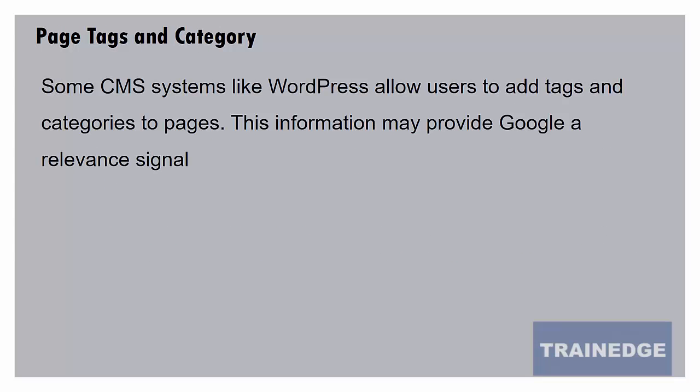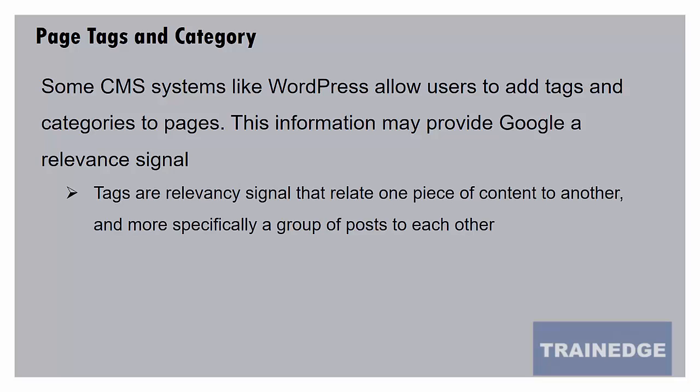Many content management systems like WordPress allow users to create tags and categories. Now, tags and categories are meta properties of the page. They are not displayed on the page, they are used as a way to tag the page inside the content management system.